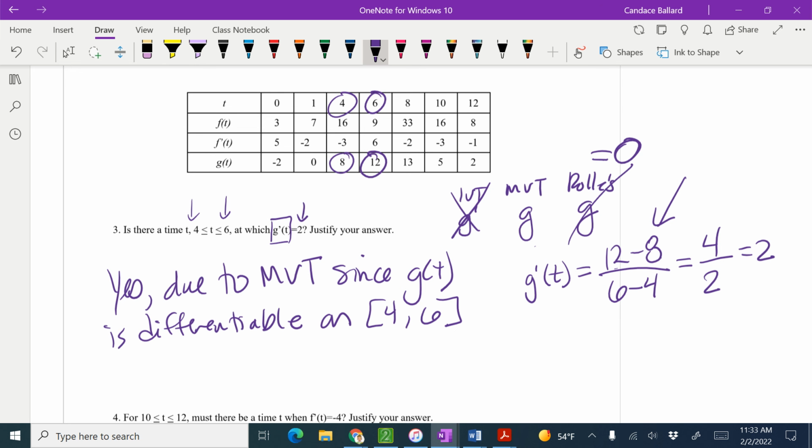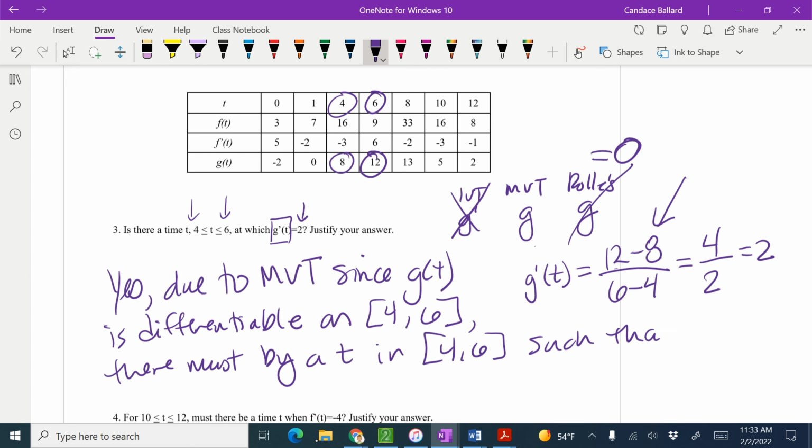And then there must be a T in this interval, 4 to 6, such that G prime of T equals, and then it looks weird.